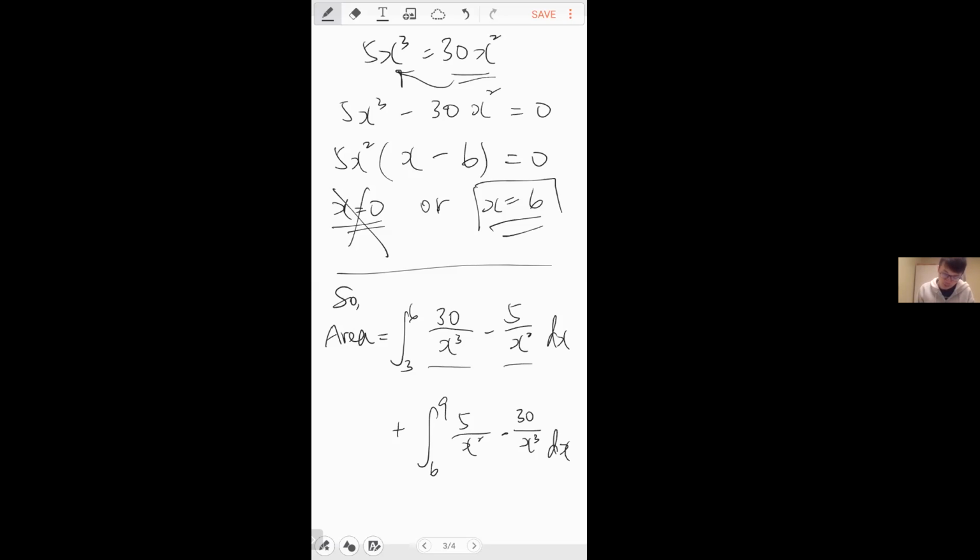For the first integral, you plug 6 and 3 into your antiderivatives, and for the second one, you plug 9 and 6. Make sense? I'll let you do that. That should be really easy for you. Any questions before I move on?